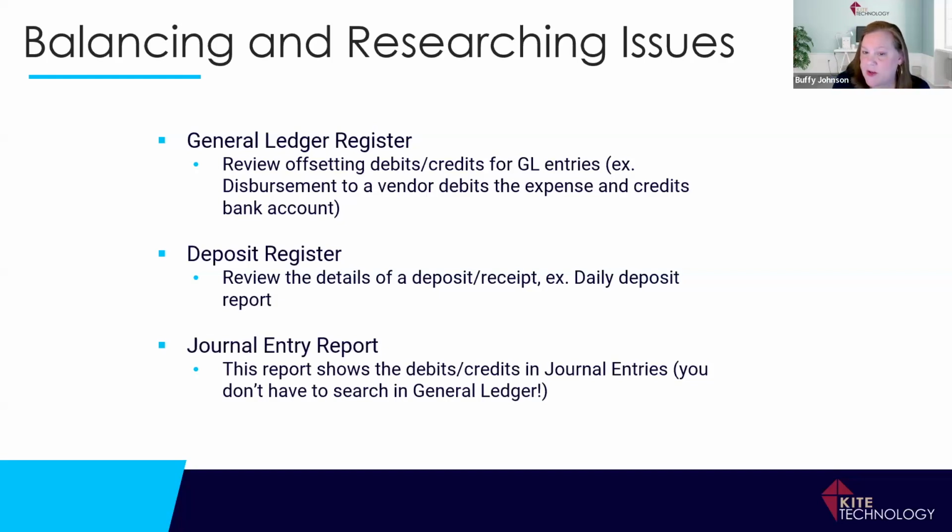So this is another good report where you can see, for example, for your vendors, if you paid a vendor out of your operating account, you could run it for that bank account, and then it's going to show you by disbursement what vendor you paid for it. So it'll show you the expense side of it. So that's a good report if you're trying to find both sides of an actual transaction.